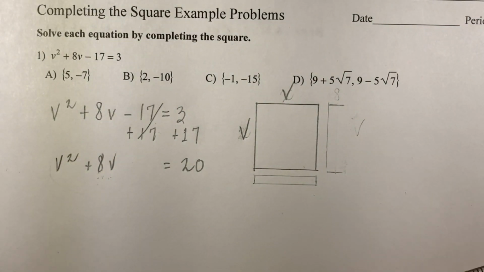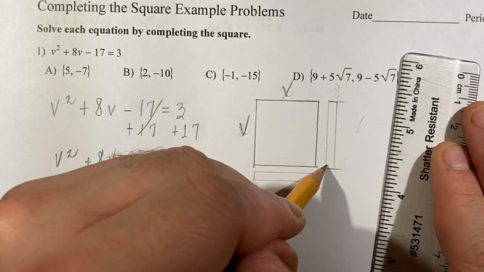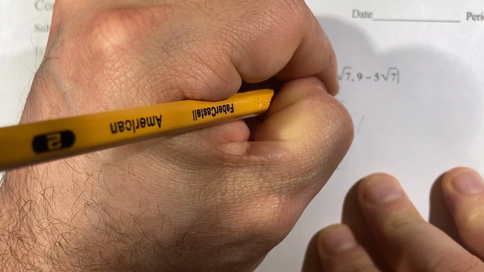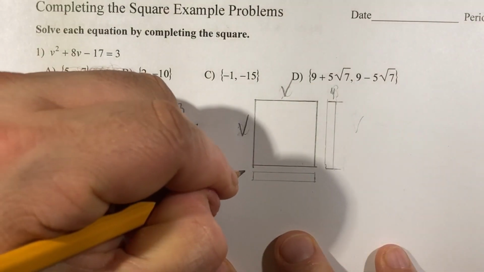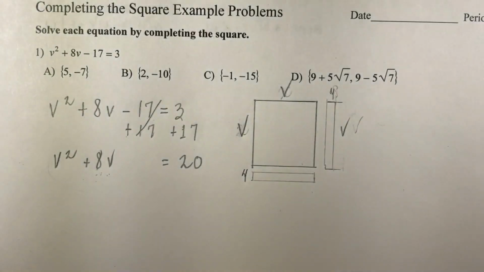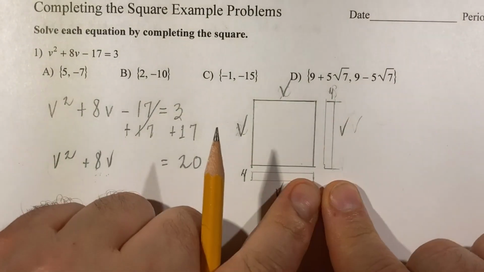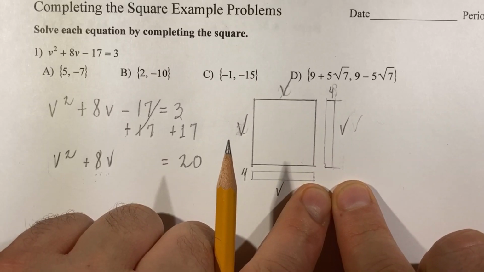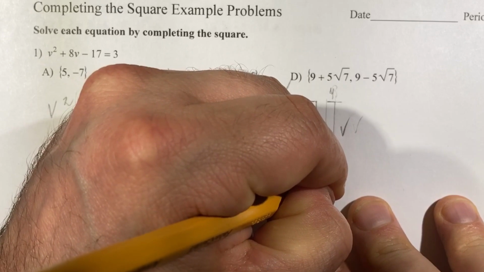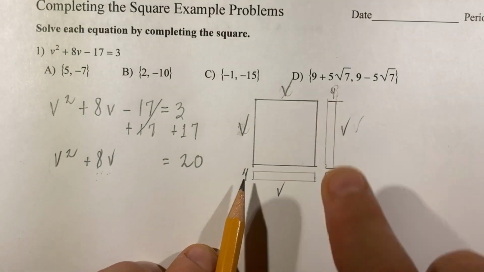So you always have to erase that first one and redraw like this. Okay, so now you got these two little pieces. Their widths are 4 each, and the lengths are v. Okay, so if you want to know the missing piece, that missing square down in the bottom right, you have to multiply 4 times 4.